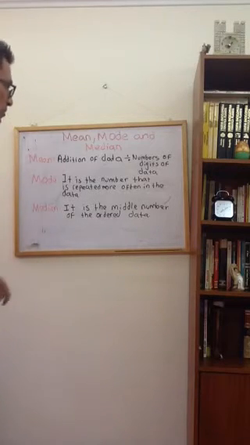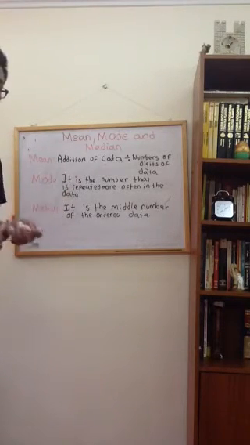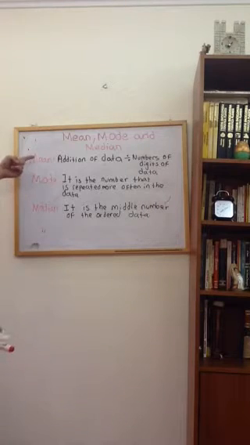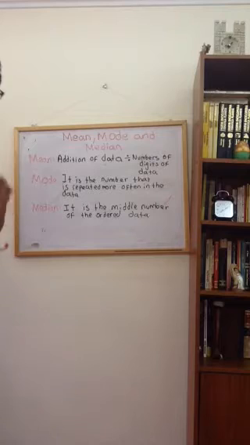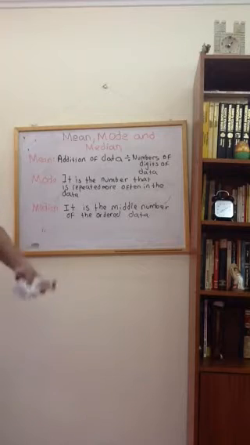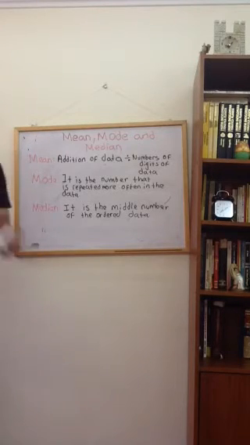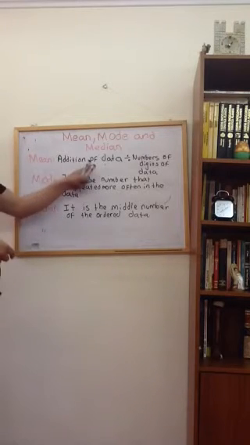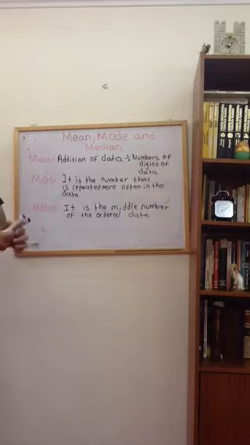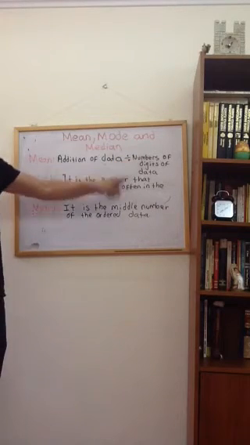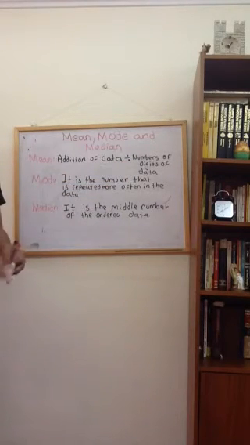Alright? So the first thing that we need to take into account is three important words that I need you to define clearly, because once you define those words, you're going to be able to understand how to apply them to an exercise. As the first word, mean: addition of the data divided by the number of digits of the data.